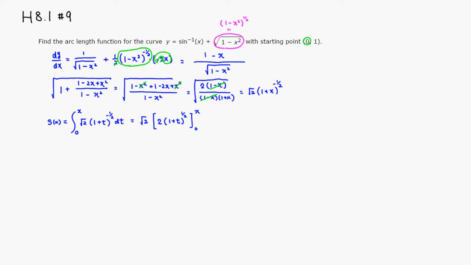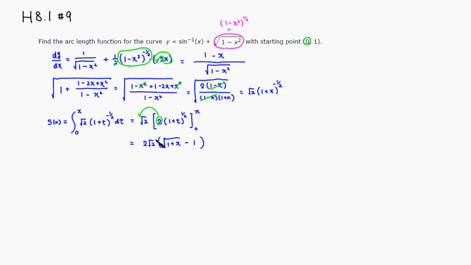So I'm going to pull the 2 outside, and we have 2 square root of 2. Then we plug in x, so you have the square root of 1 plus x, minus plug in 0, which is 1 to the 1/2, so it's 1. Maybe I'll put parentheses instead.